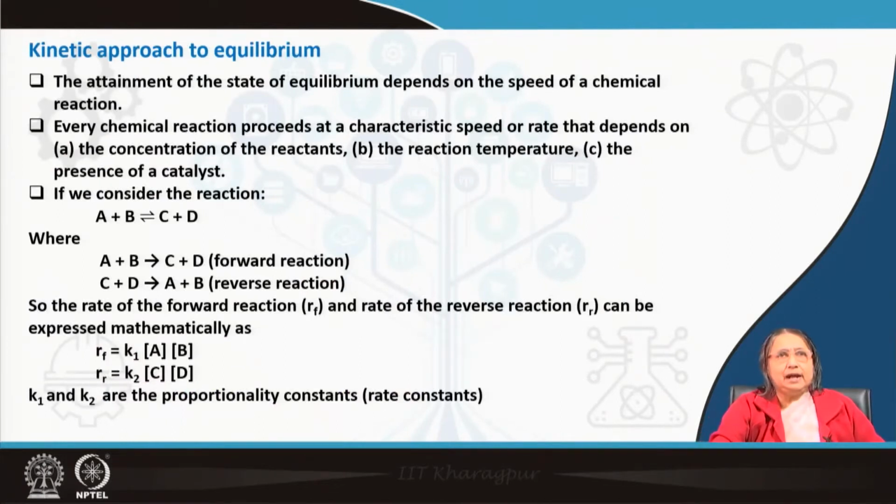Now, we can have this type of equilibrium by considering the kinetic approach also. The attainment of state of equilibrium depends on the speed. Say for example, we start the reaction, A and B combine and react to form C and D. So, when the reaction just starts, then the reaction proceeds fast, but after some time when it is reaching towards the equilibrium, then we can say that the rate of the forward reaction and the rate of the backward reaction is the same.